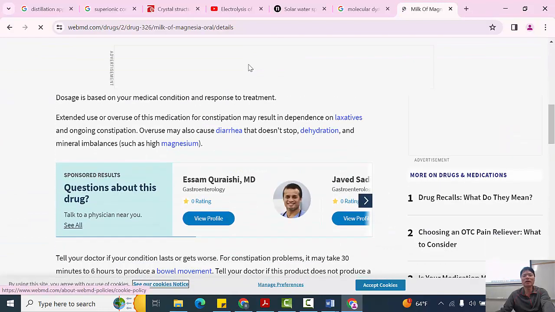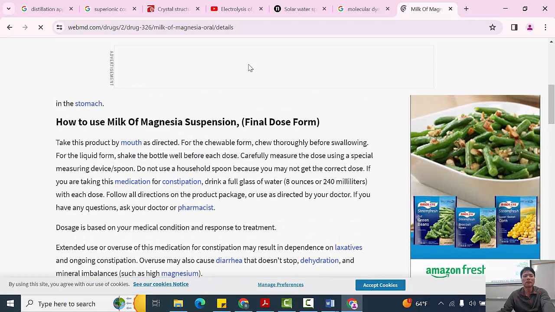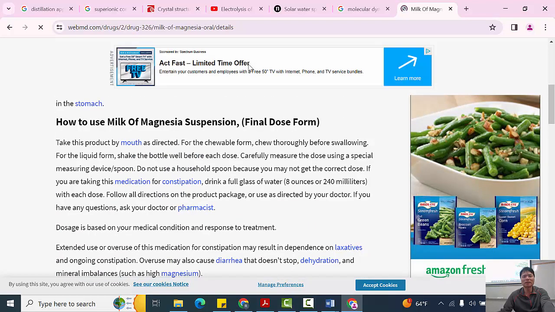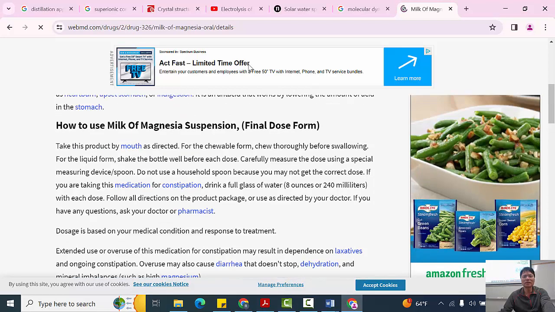Milk of magnesia is not very soluble, so it's a laxative, and it tastes like paste. I think it's not very good. The taste is bad. I don't like the taste of it, but it's a laxative.